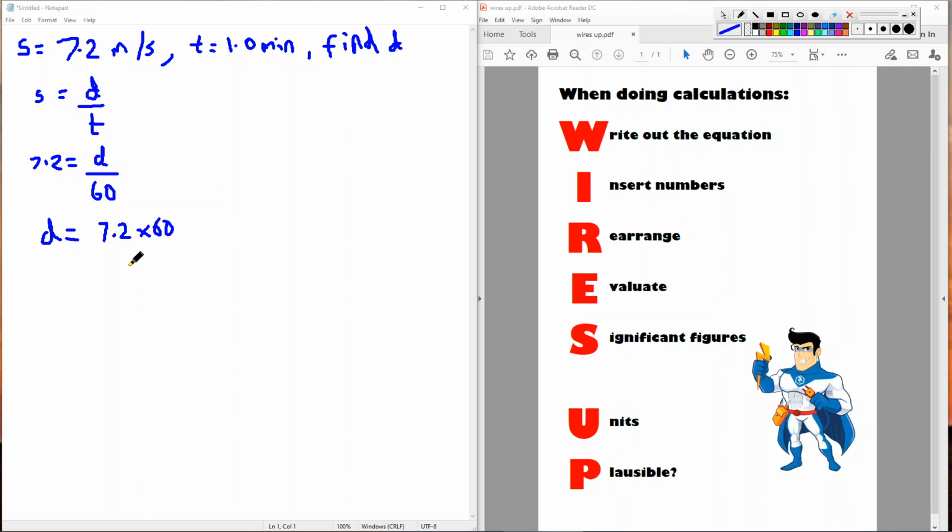So we've done the rearrange there. So the next stage is to evaluate it and get the equal signs to line up, and we'll find that evaluates to 432.